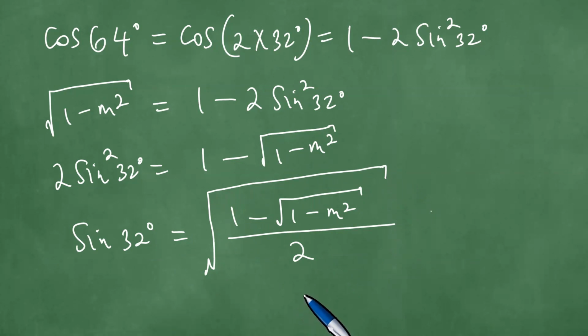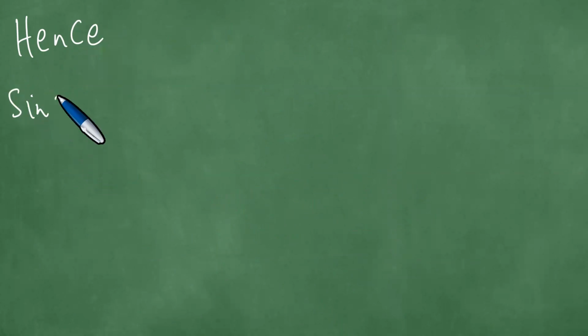Okay, what is the meaning of everything that we've got? Right, so hence, the sine of 20 degrees.